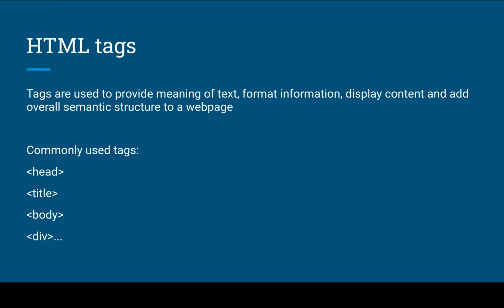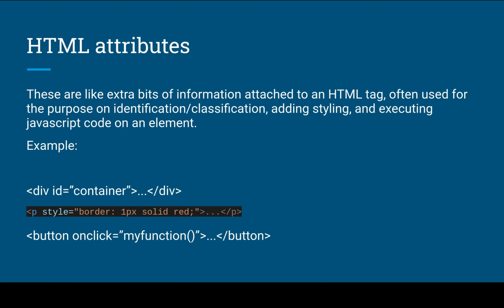I think you can use the anchor tag for that, and so on and so forth. And yeah, HTML tags can also take attributes. These attributes are like extra bits of information that are attached to an HTML tag.